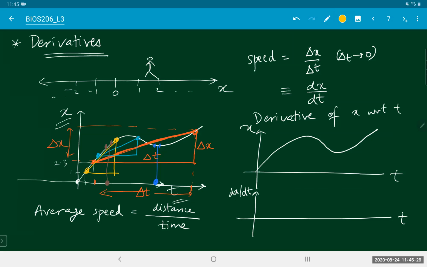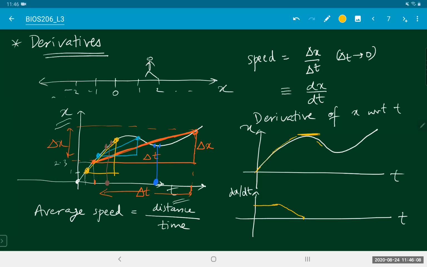So initially, when t is very small, you can see over here that x is just increasing at a constant rate. So this has some constant value, constant, doesn't change. As you move up over here, the rate at which x is changing keeps on decreasing until we reach this maximum point over here. At this maximum, x is not changing at all. So that means the derivative is slowly becoming 0. So think of it as coming down like this, coming to 0.